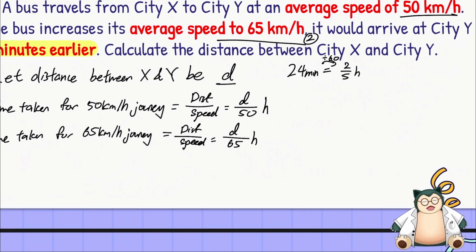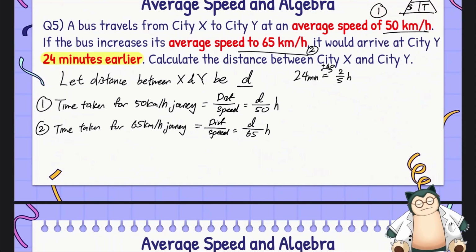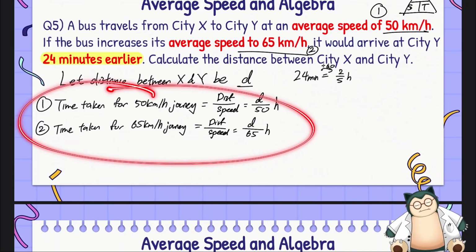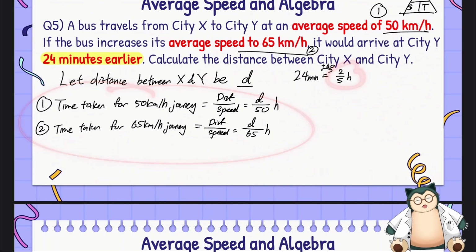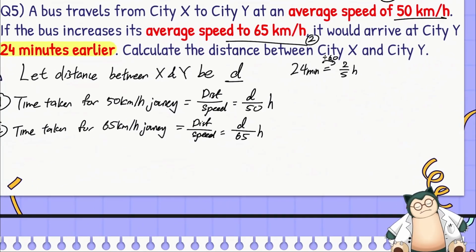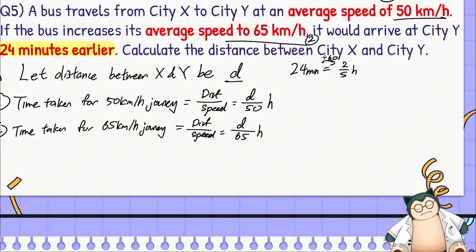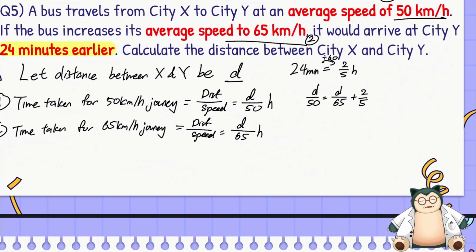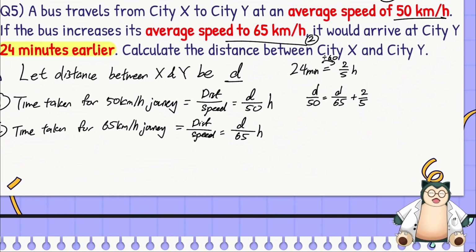Okay, so then by linking up both of these and 2 over 5 hours, how should we express it in terms of an equation? Okay, so we have d over 50 equals to d over 65 hour, and we got to add 2 over 5 hour. This is our equation that links all of this together.